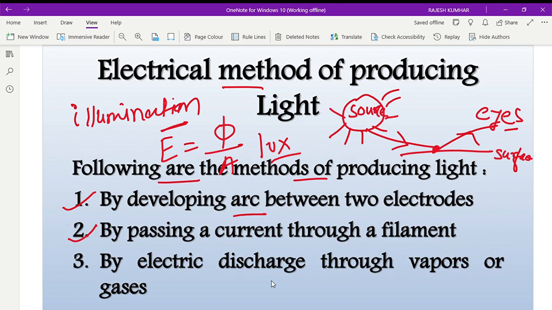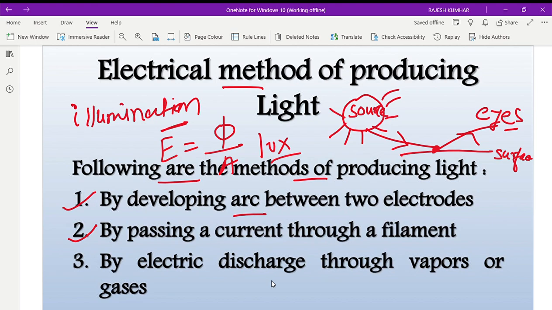The most commonly used arc lamp is the carbon arc lamp. Second method is by passing a current through a filament. When an electric current passes through a fine metallic wire, it raises the temperature of the wire.